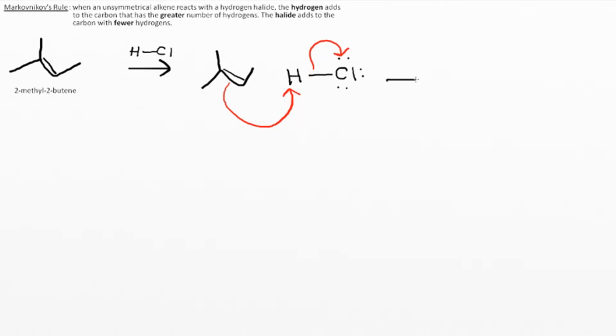Let's see what happens. There are 2 places where the hydrogen can attach, and I'm going to draw that right now. So the hydrogen has 2 options. It can either go over here or it can go over here. Which side has more hydrogens and which side has fewer hydrogens? Well, let's check it out.